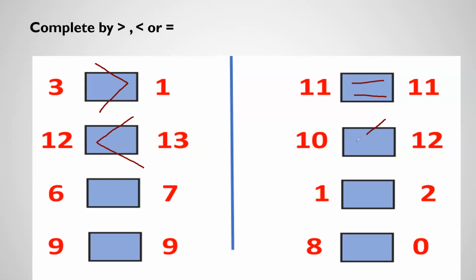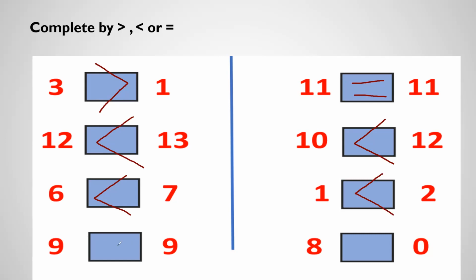Yes, we will eat number 12, or the mouth of the alligator will eat 12. And again, we can read it as 10 is less than 12. Next, 6 or 7. Sure, we'll look at the 7. Here, 1 or 2. Yes, we are going to look at number 2. 1 is less than 2.